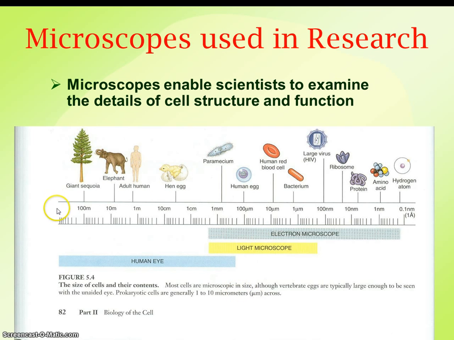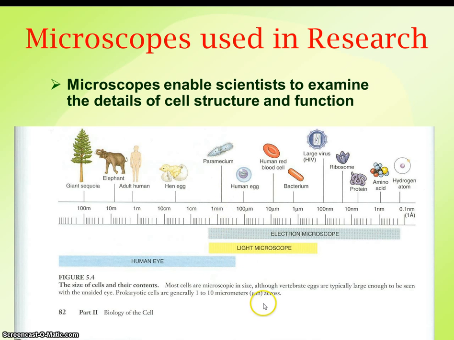Okay, we can't see it without using some type of equipment. So this kind of lets you see a sequoia tree maybe up in Sequoia National Park compared to a paramecium, which is down past 1 millimeter, and we really can't see this stuff.